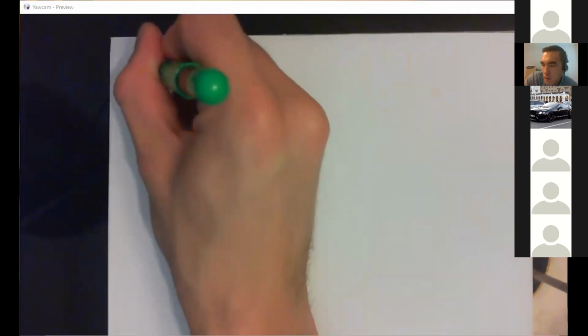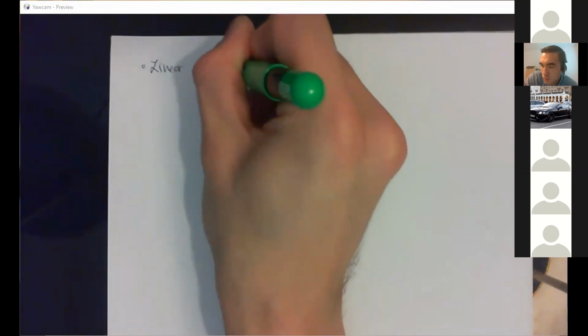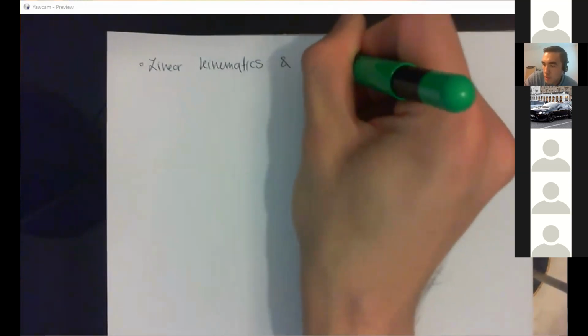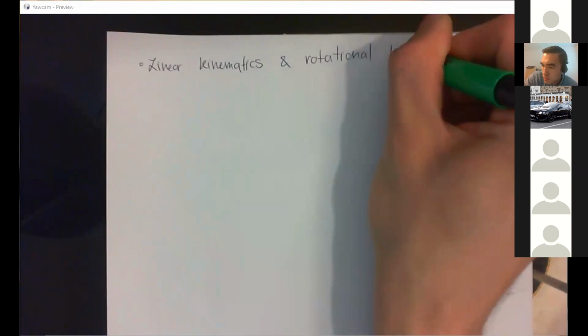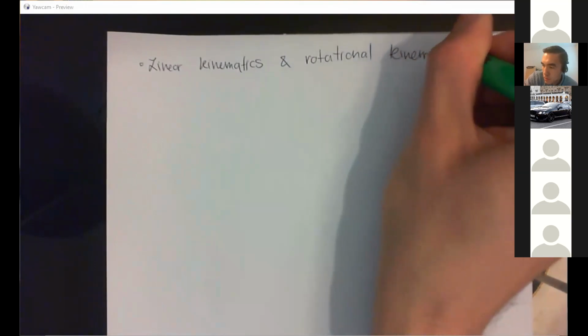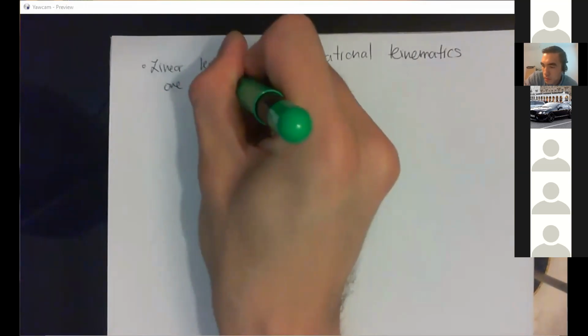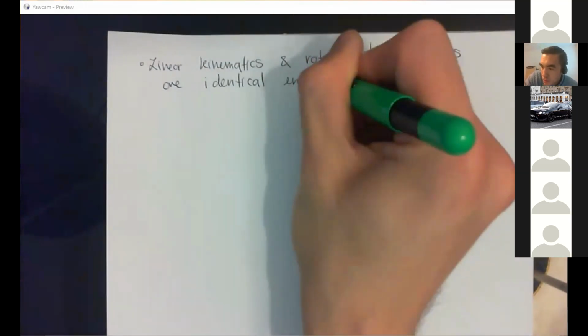Other important things to keep in mind when it comes to doing kinematics is that linear kinematics and rotational kinematics are identical in their approach.